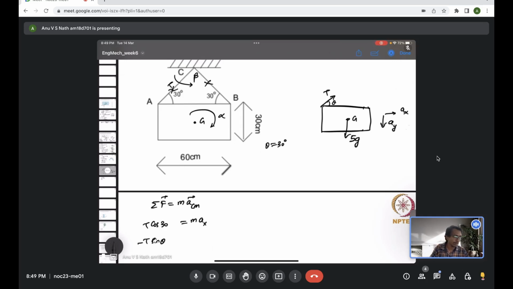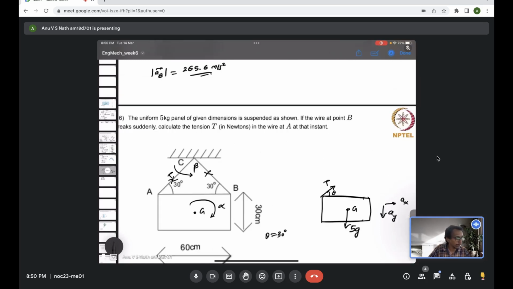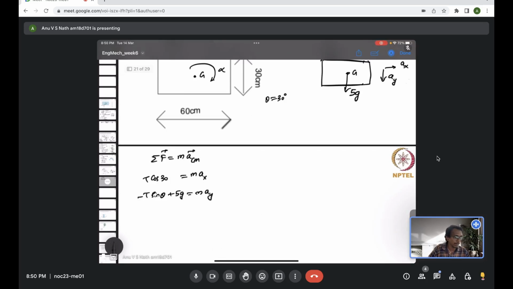I chose the convention of downward acceleration being positive, so minus T sin 30 plus 5g is equal to mass times acceleration in the y direction. Mass is given, I think, so I should put mass as 5. So with two equations, we have three unknowns. T is an unknown, ax is an unknown, ay is an unknown. We cannot just solve it.